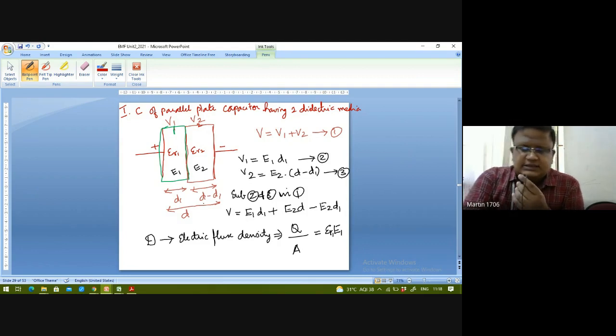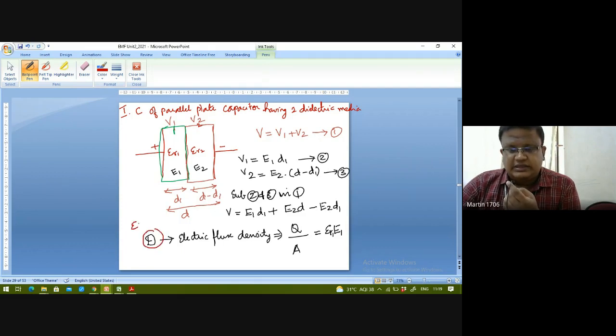So the flux density is defined as the charge per unit area, Q by A, where D is nothing but epsilon into E. Generally we relate D with epsilon into capital E, but we have to relate it with the respective medium.